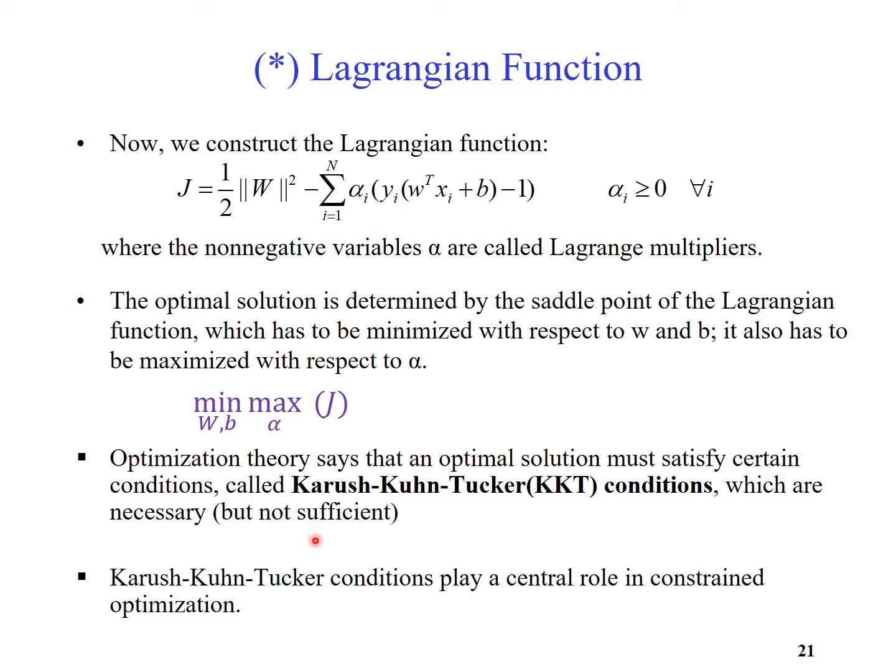Okay, so this KKT condition plays a central role in this optimization problem. In general, the answer of the Lagrangian function is different from the original primal form. But if these KKT conditions are true, then the answers of this and the original primal problem are exactly the same. Okay.